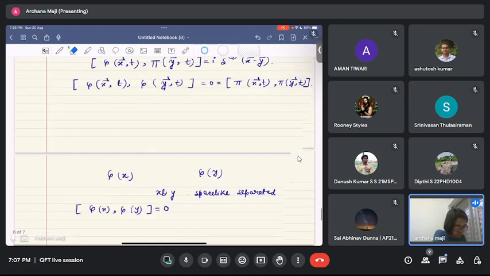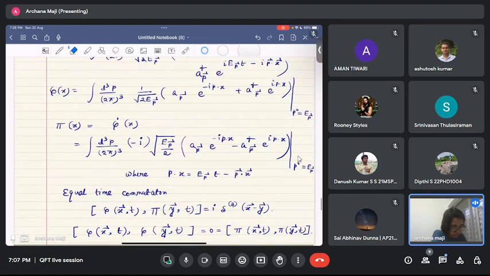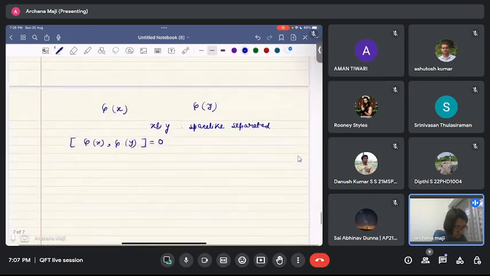Now that we have these Heisenberg operators, let us use them to figure out what this commutation relation is, and see whether it turns out to be 0 for two space-like separated events or not. If it is not 0, then it would imply that the theory we have learned for one month now is not causal, which should not be the case.